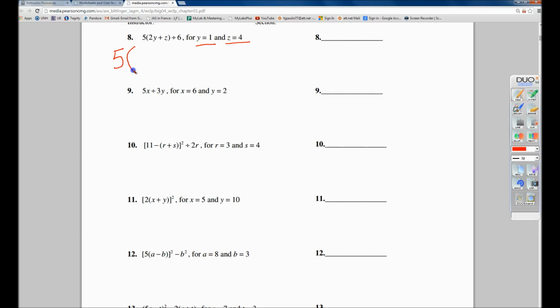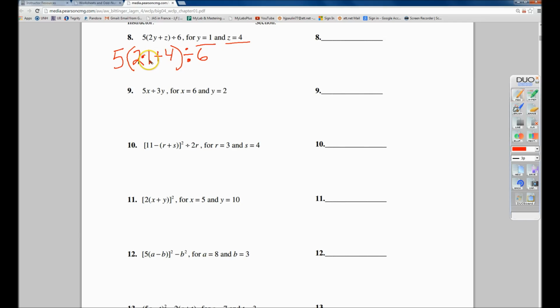5 times 2 times 1 here, plus 4 for z. And since this is in parentheses, we have to do this first. Then we're going to divide that by 6.